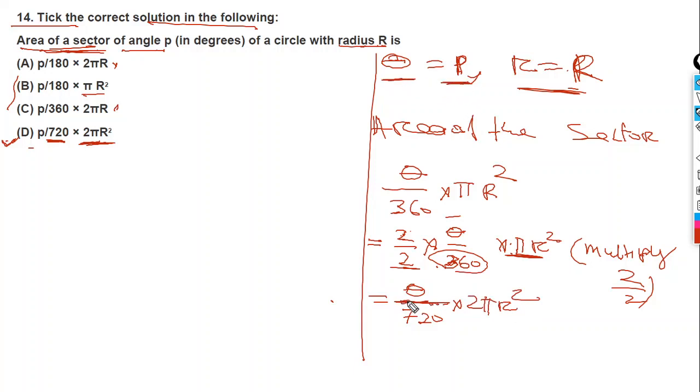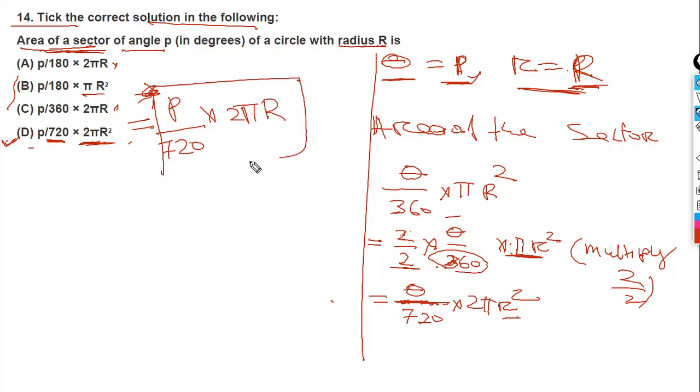Theta is P. So instead of theta you can write P, so it will be equal to P by 720 into 2 pi, and R is equal to bigger R, so you can write R. So this will be your answer, P by 720 into 2 pi R.